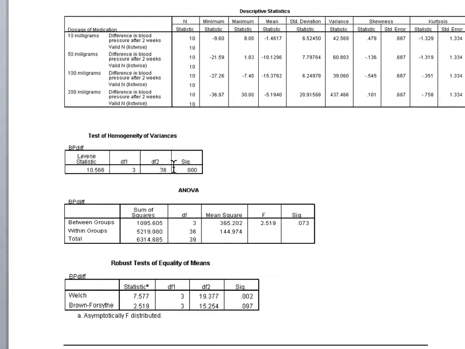I have the Levene test telling you whether you should use this or the Welch or the Brown-Forsyth. In this case, just as an example, I'm looking at dosage of medication, 10, 50, 100, or 200 milligrams. I took some readings and compared how blood pressure had changed over time. This is real data, actually, so it's kind of fun to look at.